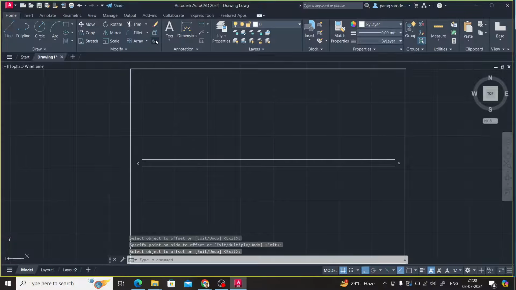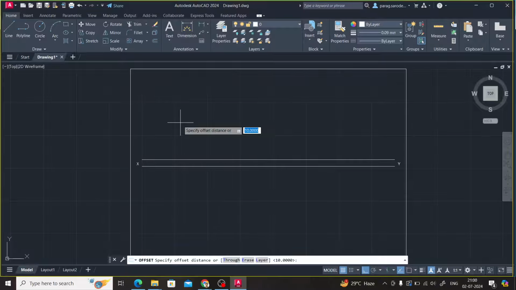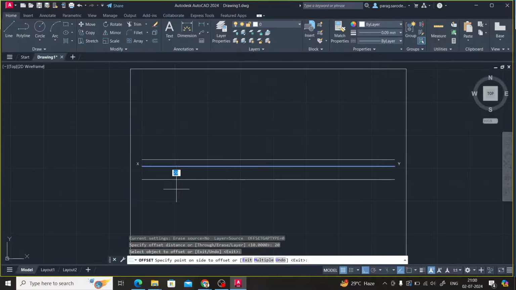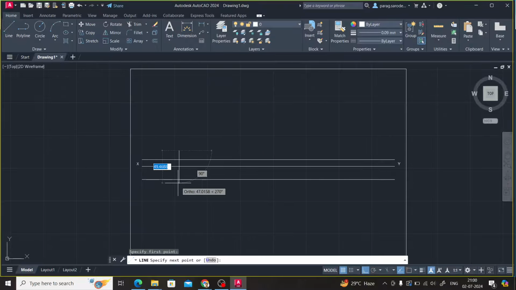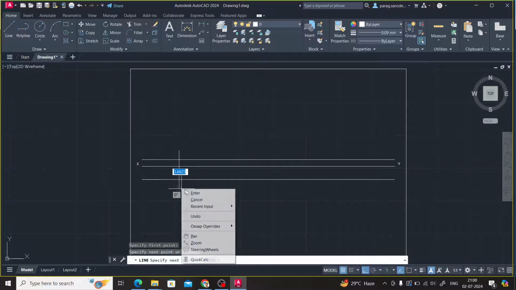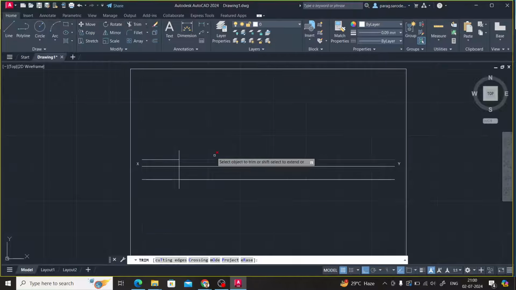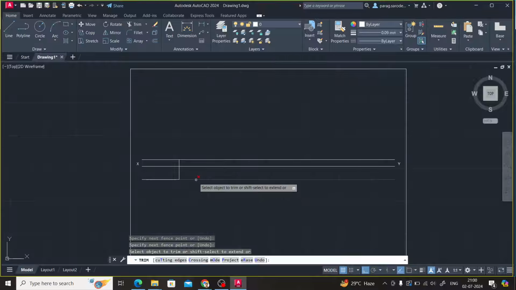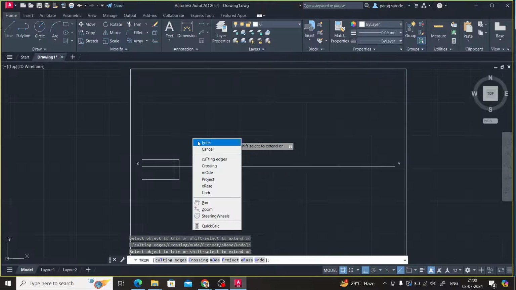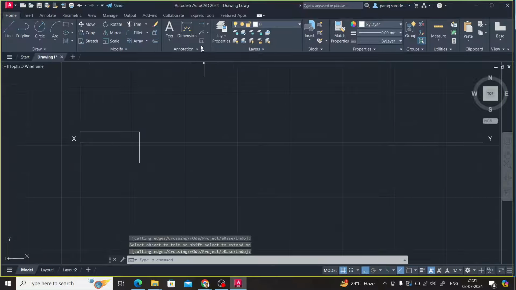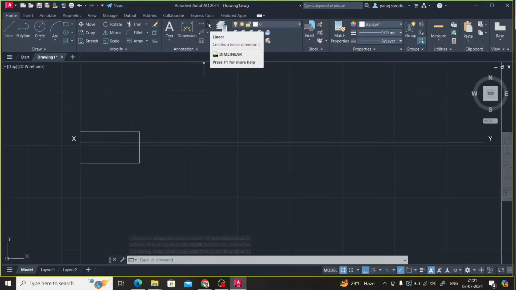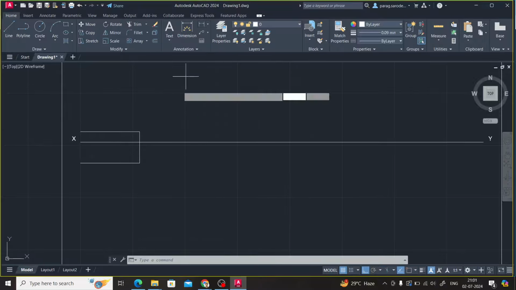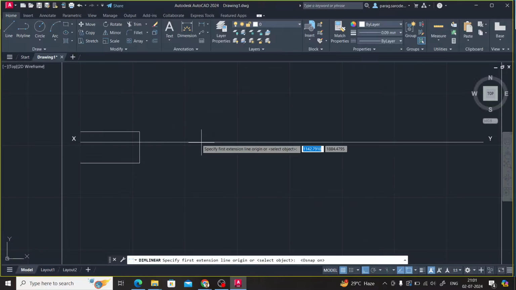Now I will take the offset command again. What I want is a line parallel to it at a distance of 20. So I will take offset again, like this. Now understand my purpose. I will draw this line like this, then trim it. I will find the distance using the linear dimension tool. Switch on the O snap.